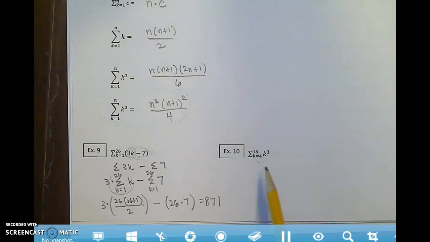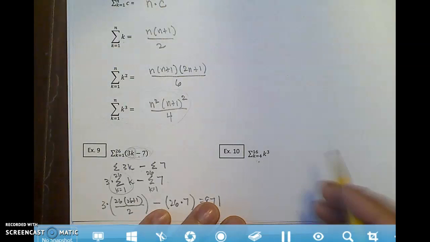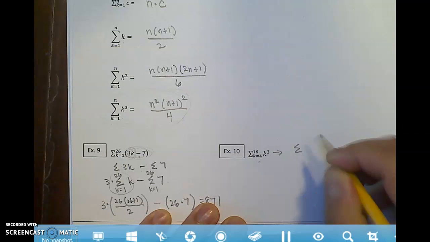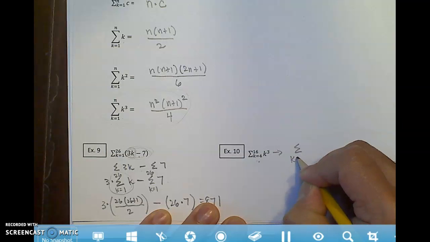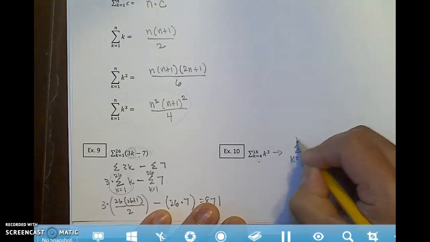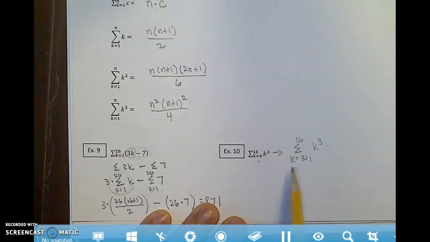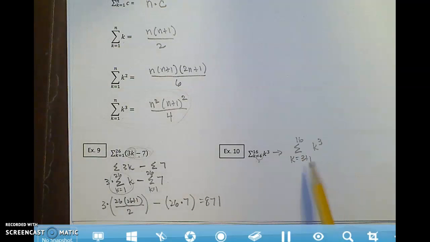Since I'm going to 4, what I want to do first is rewrite that as a summation from a k value of 3 plus 1 to 16 of k cubed. So again, I want to rewrite this initial value of 4 as a sum of some number and 1, and that number, of course, needs to be 3.